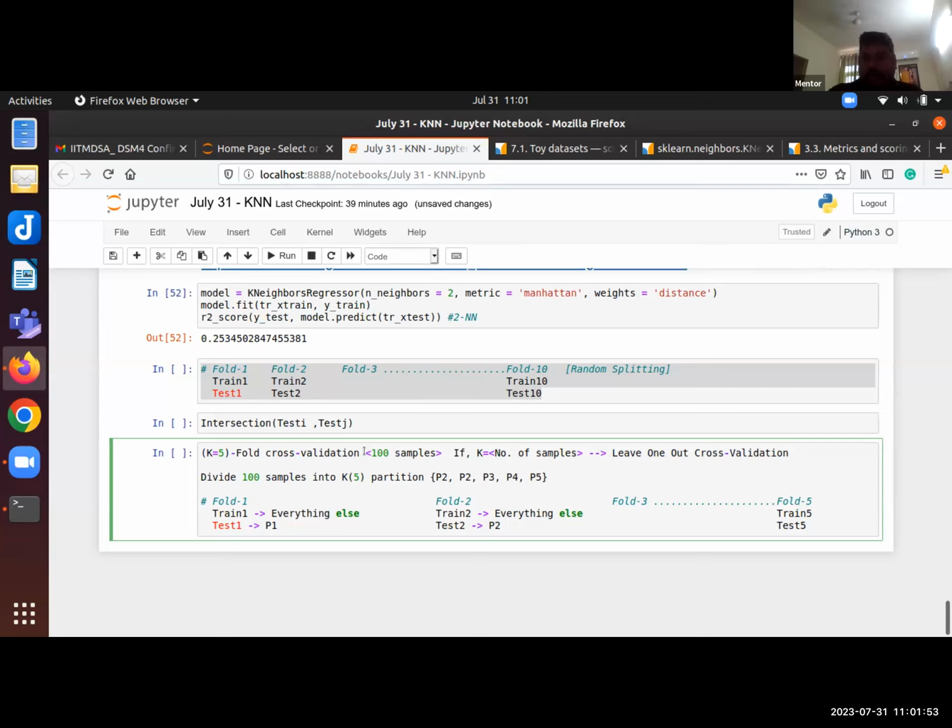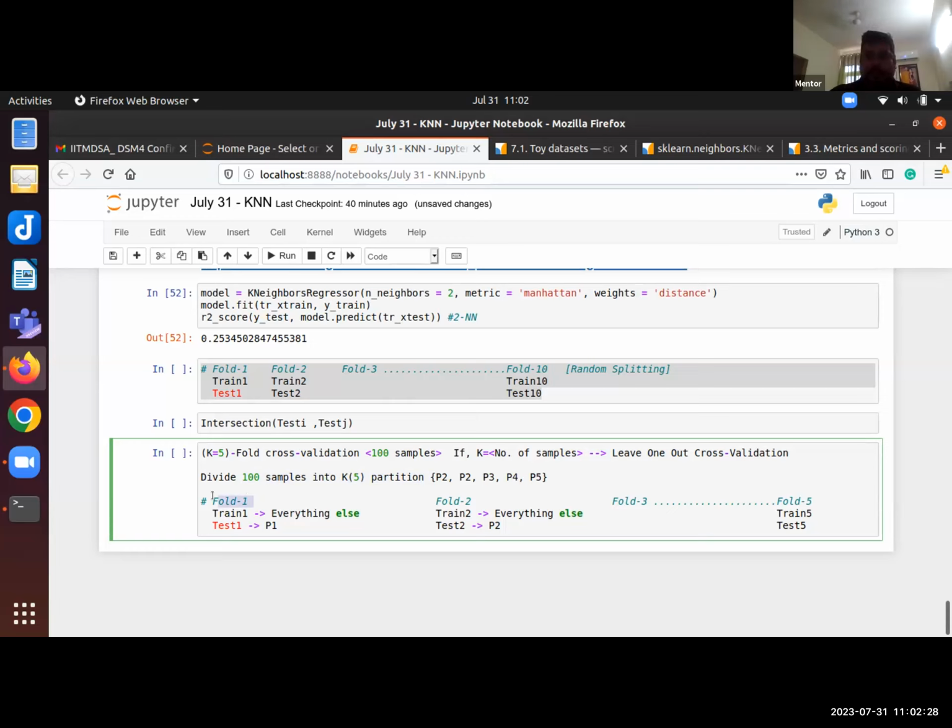Listen, Dinesh. I'll give a statement here that will convince you. The number of samples in training and testing are dependent on the number of folds. They are not independent. The number of partitions that you decide will decide how many samples go to train and test. You cannot explicitly decide, because then the intersection between the test sets may not be followed, and it is not k-fold cross validation then.